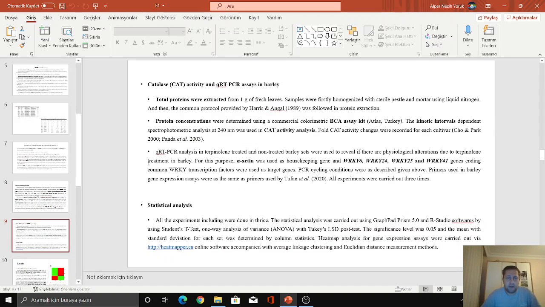In catalase activity and QRT-PCRs in barley, total proteins were extracted from a gram of fresh leaves of barley samples, and then a common protocol was followed. Protein concentrations were detected using a commercial colorimetric BCA assay kit, and then the kinetic intervals were recorded for catalase activity.